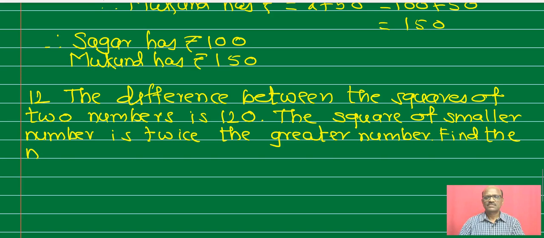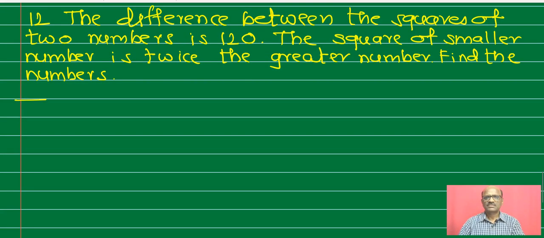Find the numbers. The difference between the squares of the two numbers is 120. The square of the smaller number is twice the greater number.